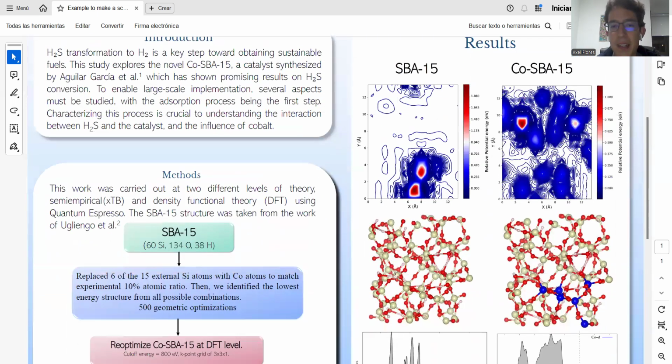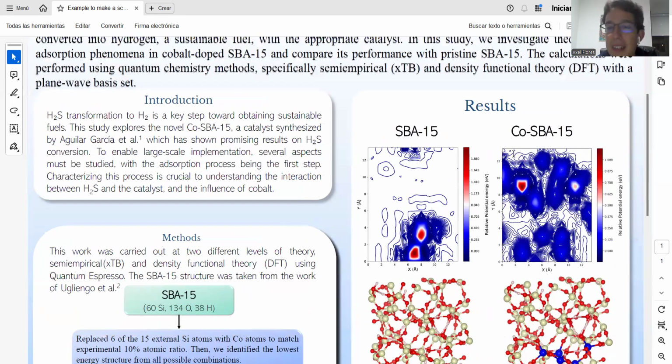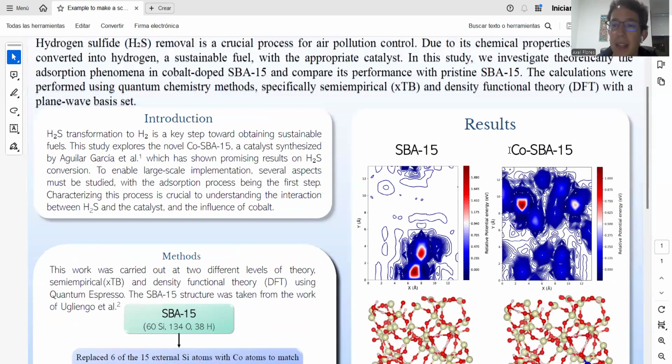So these are the results. First of all, this is the pristine SBA structure, which, like I said, is taken from a previous work. And this is how the potential energy changes with the hydrogen sulfide position. And we can see that this is the cobalt SBA structure, and the potential energy surface is quite different.